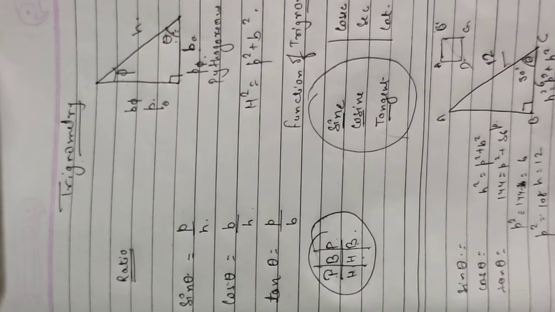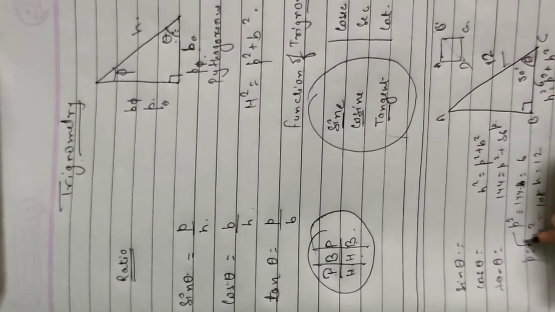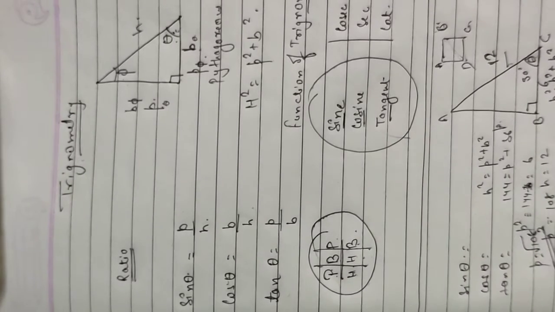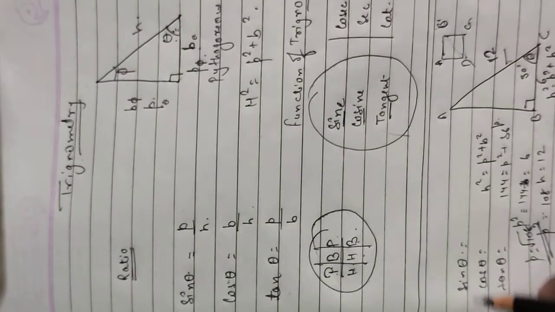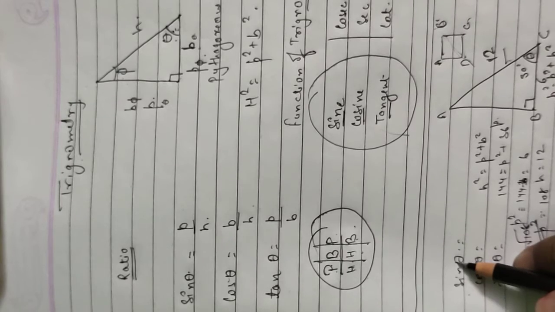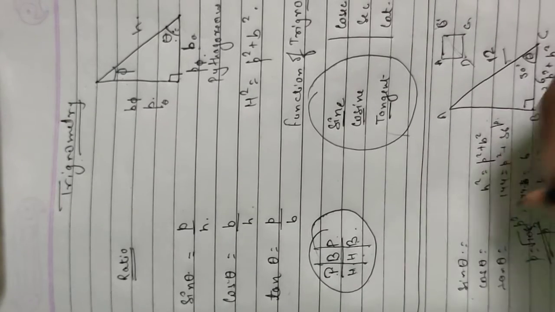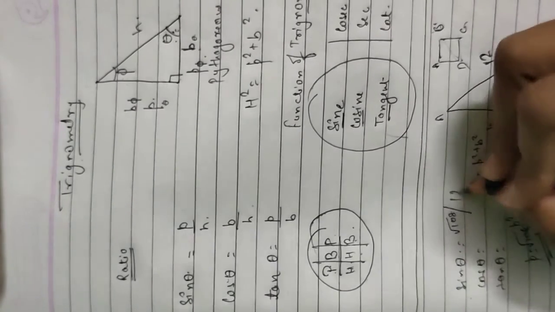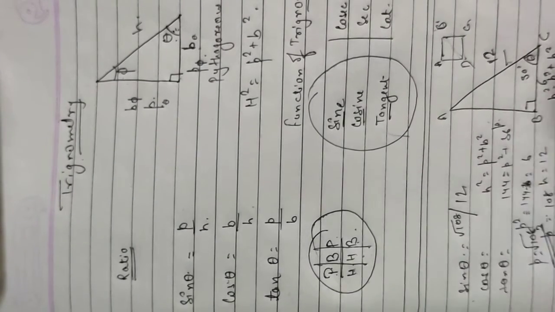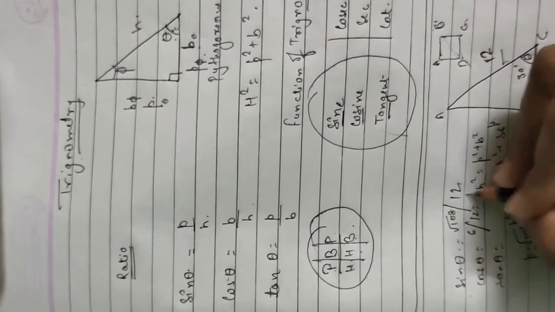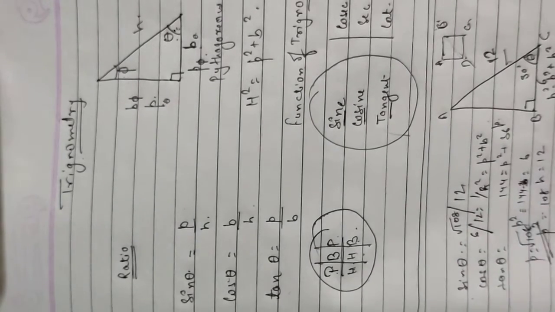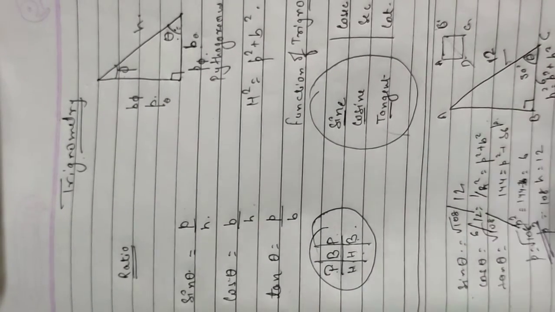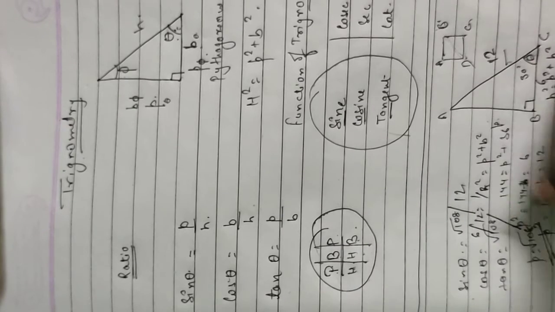So P will be root over 108. This is rough, I'm just telling you roughly. So sine theta will be P by H, root over 108 by 12. Likewise, cos theta will be 6 by 12, which is 1 by 2. And tan theta is root over 108 divided by 6.